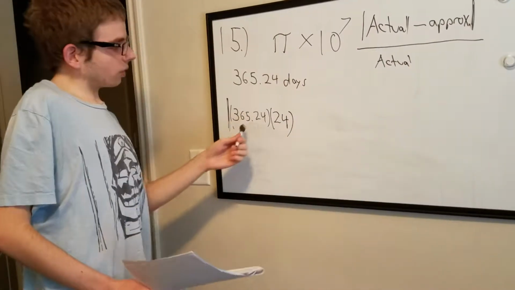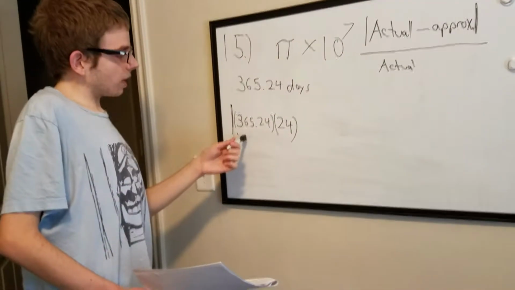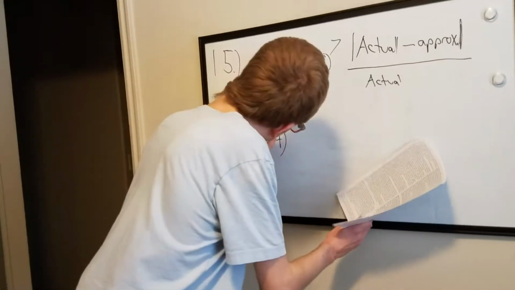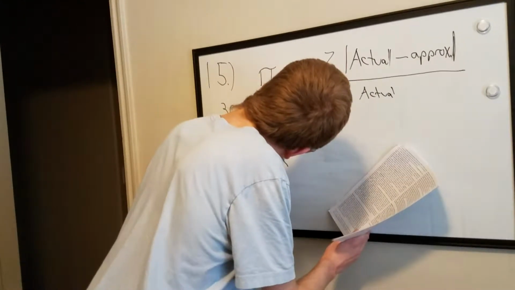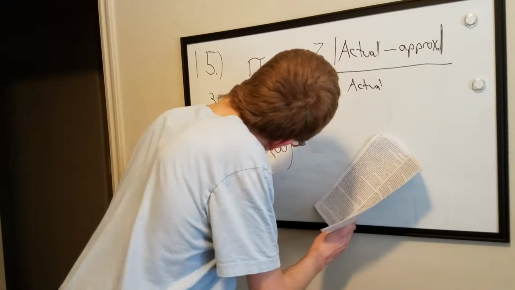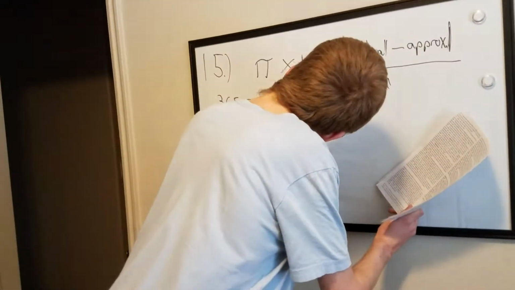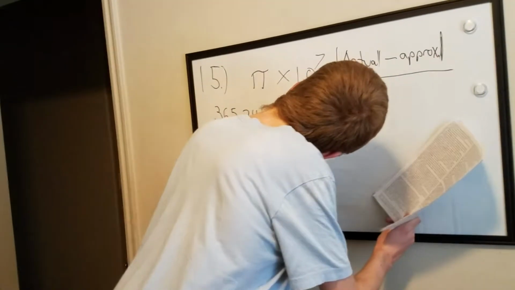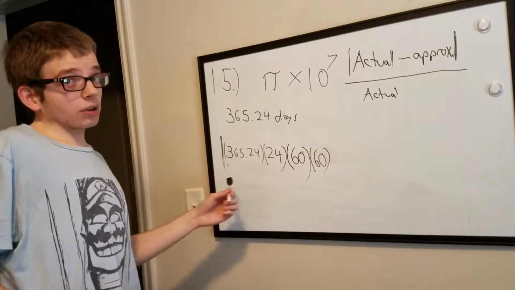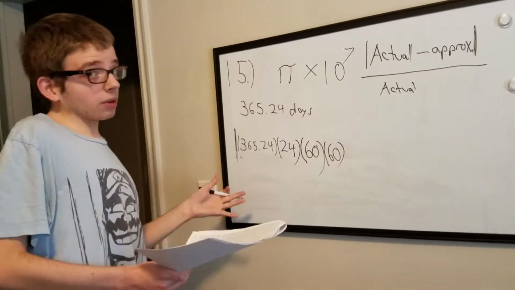This gives us the total number of hours in a year. Then you multiply by 60, and that gives us how many minutes are in a year, and then multiply by one more 60, and it'll give us how many seconds are in a year. So this will be our actual value of how many seconds are in a year.